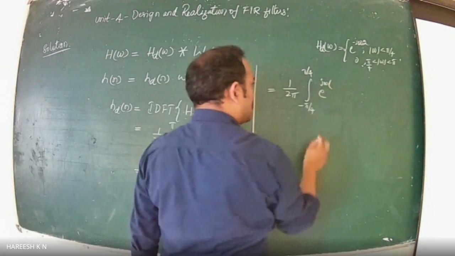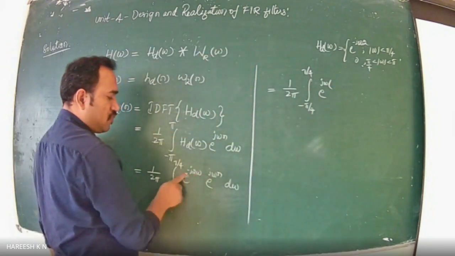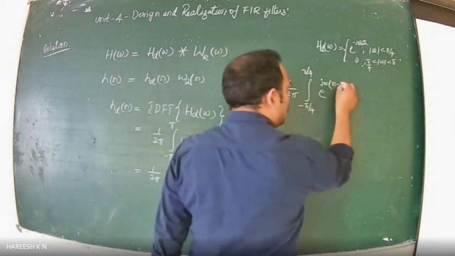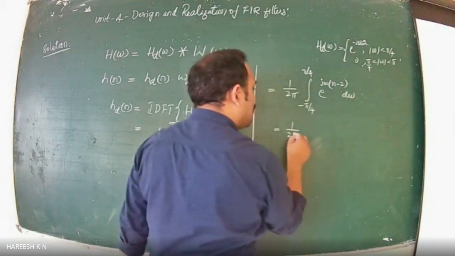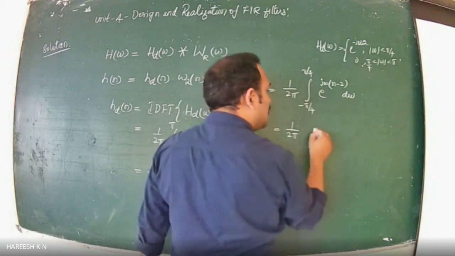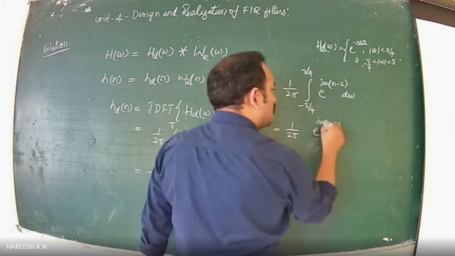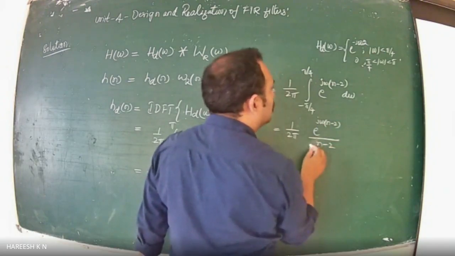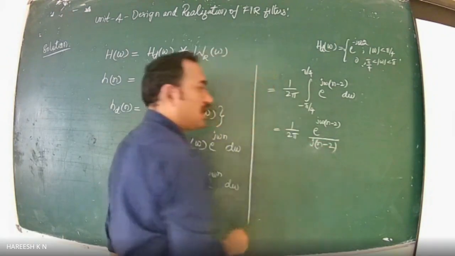If I take j omega out as a common factor, minus 2 will be left behind, and plus n, therefore I'll write it as n minus 2 into d omega. Integration of that is equal to 1 divided by 2 pi into the integration of an exponential with respect to omega, which is e to the power of j omega into n minus 2 divided by j into n minus 2, correct?